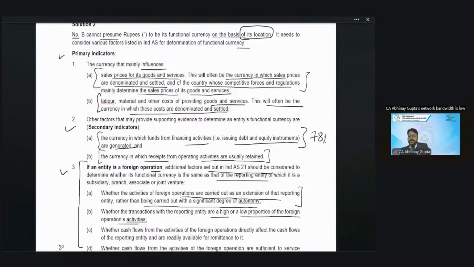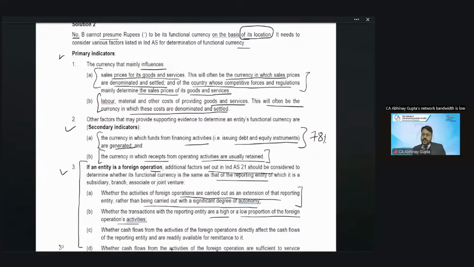But if the transactions are very low and the foreign operation is dealing with lots and lots of third-party customers and suppliers on its own, then it means they are doing transactions on their own, right? So they could have a different functional currency. So these are the indicators only, just to sense whether the entity is operating on its own or it is fully dependent on the parent entity.